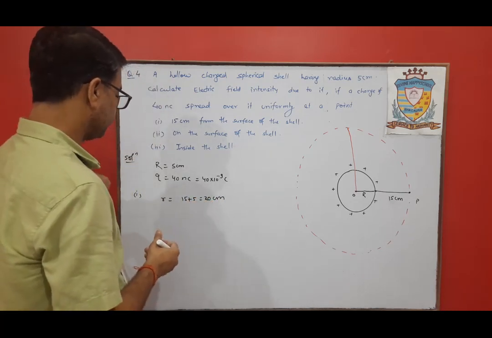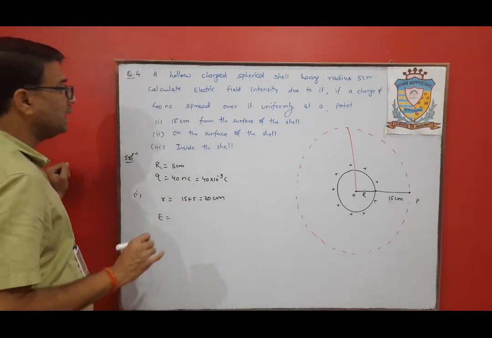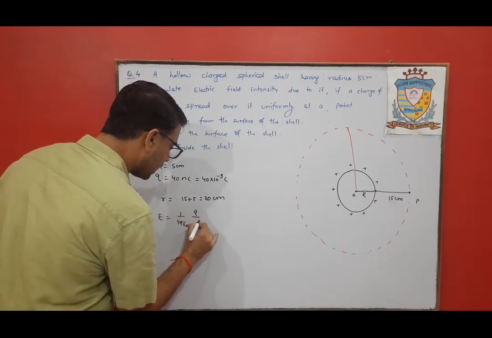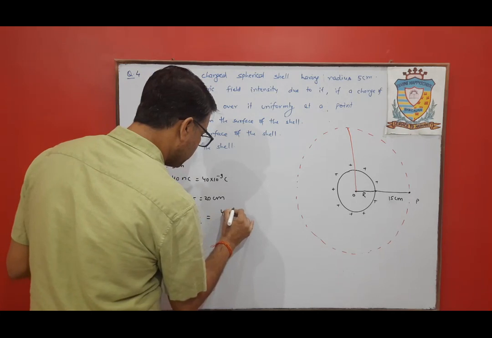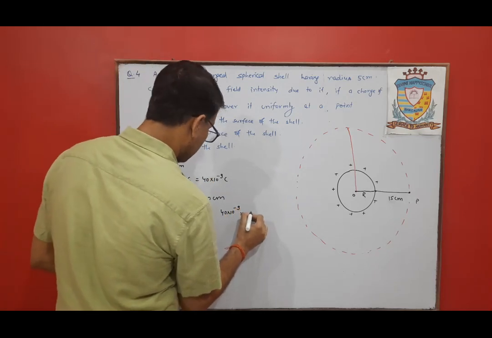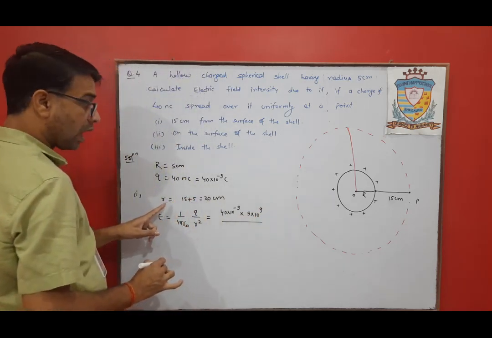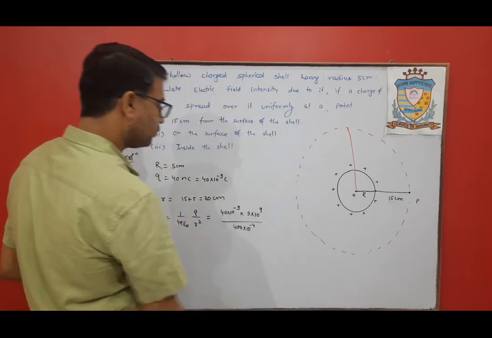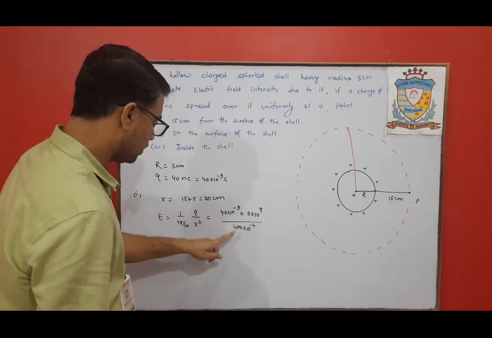Okay, now what is the electric field intensity? As we know, E is equal to 1 upon 4 pi epsilon naught times Q by r square. So the value of Q is 40 into 10 to the power minus 9, and 1 upon 4 pi epsilon naught is 9 into 10 to the power 9, upon r square, that means 20 centimeter squared, that means 400 into 10 to the power minus 4. Okay, 20 square is 400, into 10 to the power minus 4.